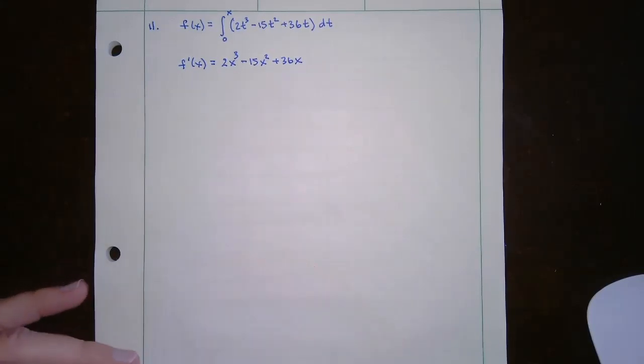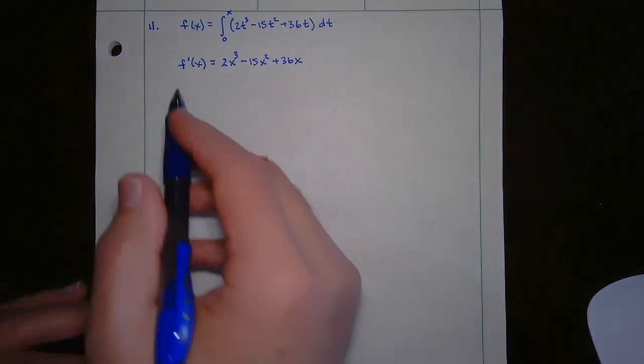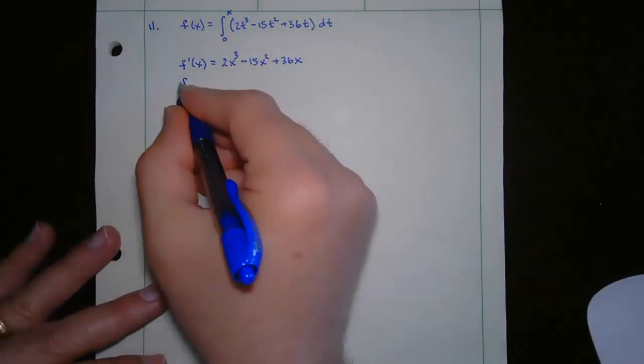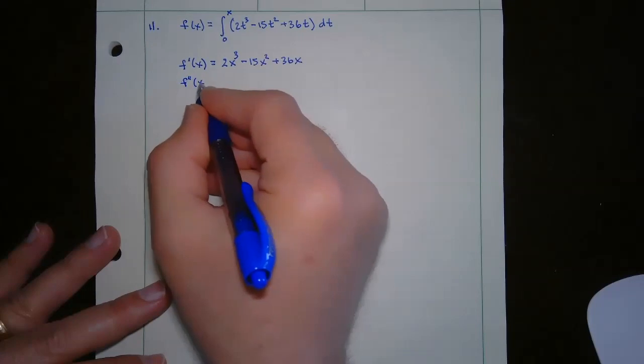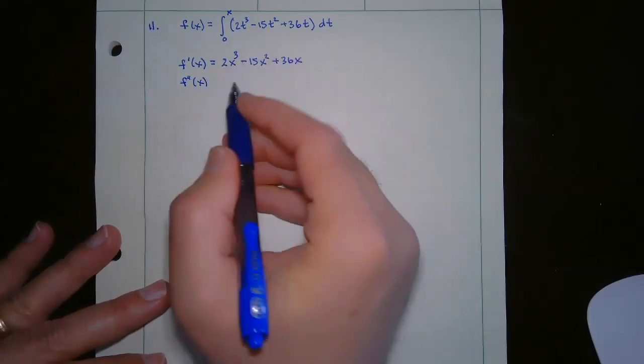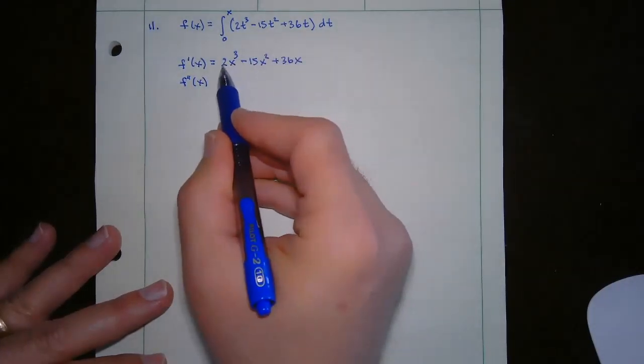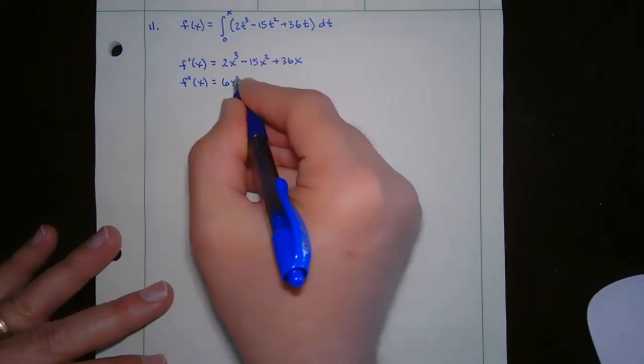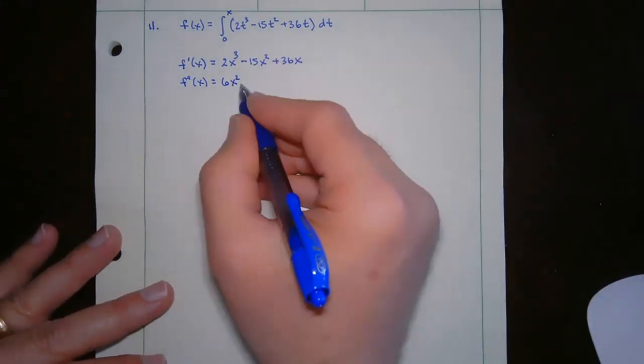And that's what the derivative of that would be, okay? And then we got to look at the second derivative, right? So the second derivative, f double prime of x, we got to take the derivative of this, right? So this would be 6, because we've got to bring the power down. So this would be 6x squared. And then minus 30x.